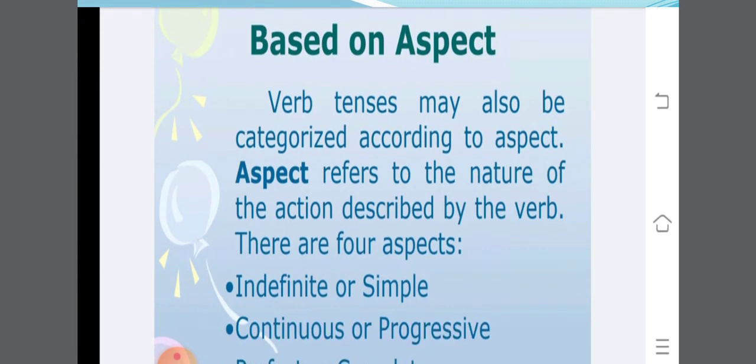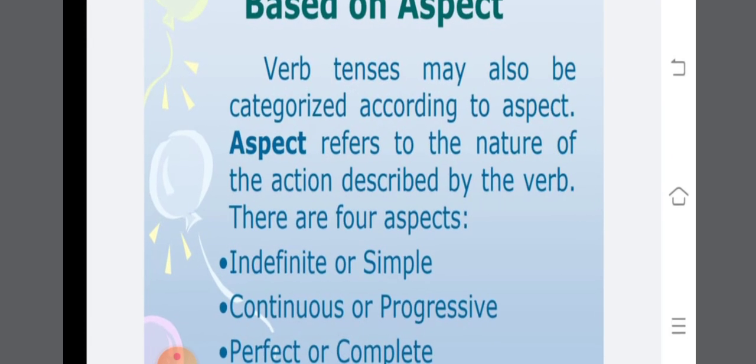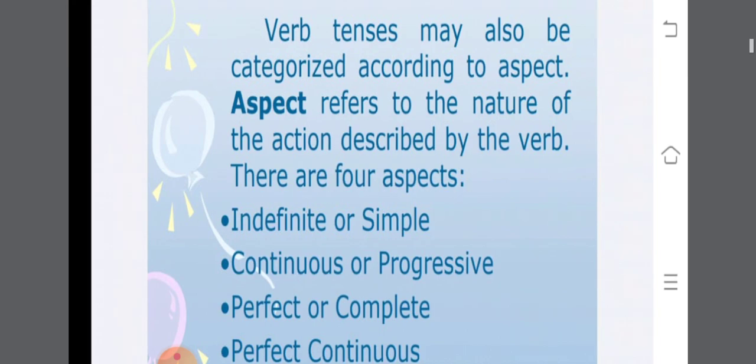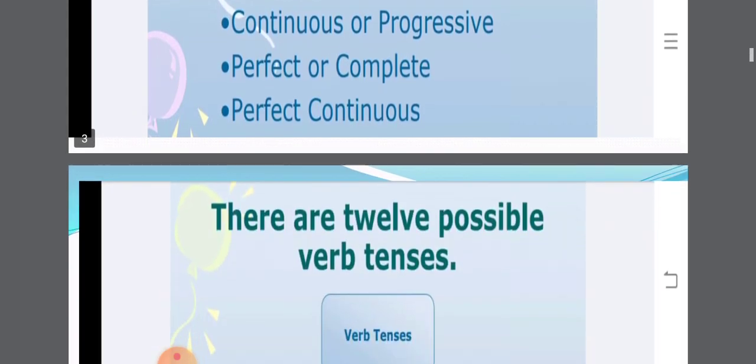And based on aspect, verb tenses may also be categorized. Here aspect refers to the nature of the action described by the verb. There are 4 aspects: indefinite or simple, continuous or progressive, perfect or complete, and perfect continuous.